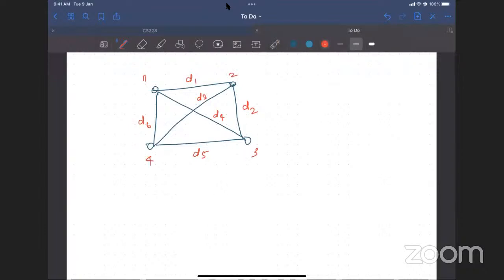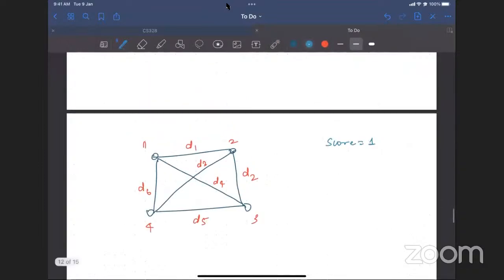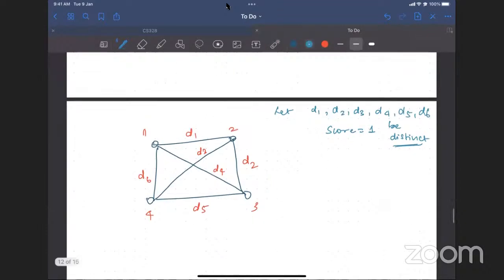Now my initial score is 1, and for this problem, let D1, D2, D3, D4, D5, D6 be distinct, right? There is no vertex that coincides with the other vertices, so I will have only unique distances in my graph.